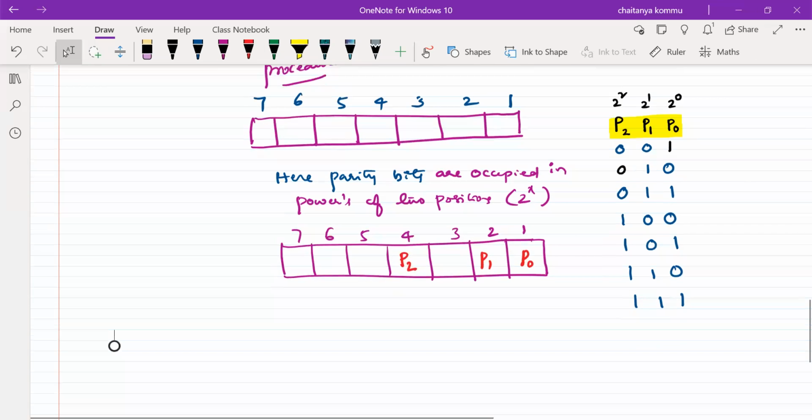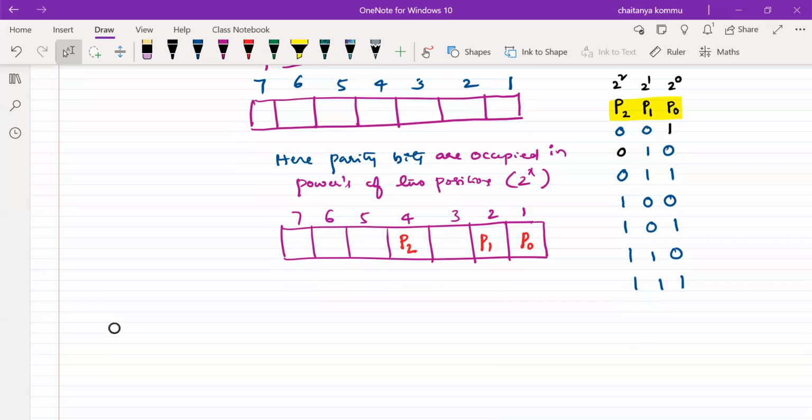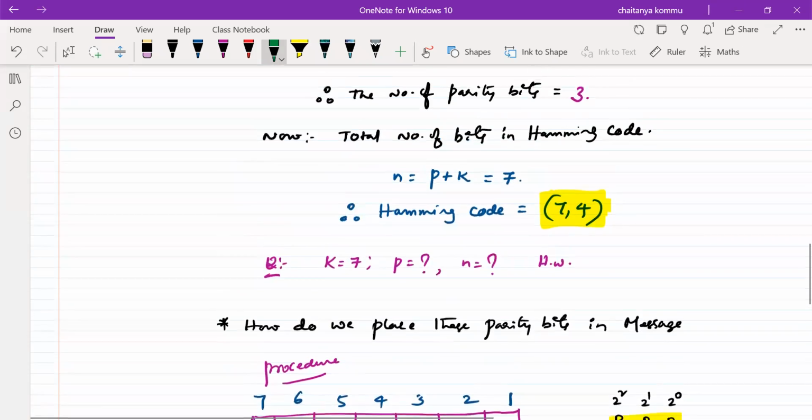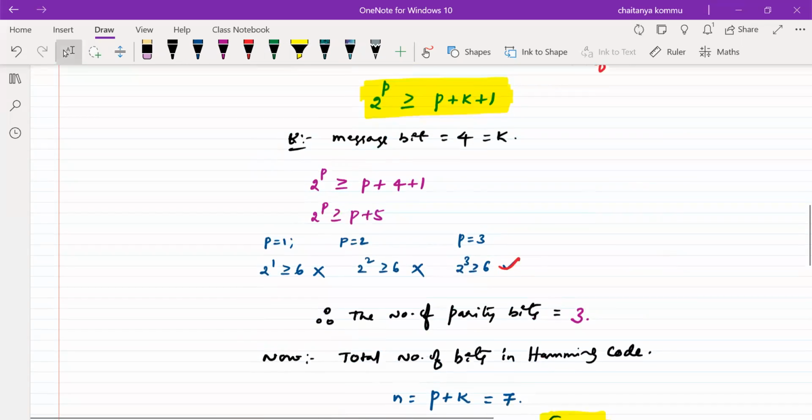So the first and foremost important point is that parity bits occupy the powers of 2 in the given register positions. Now, whatever the remaining positions are, those are occupied by data information, for example D0, D1, D2, and D3. So whatever the data that I have considered, what is the data that I have considered?